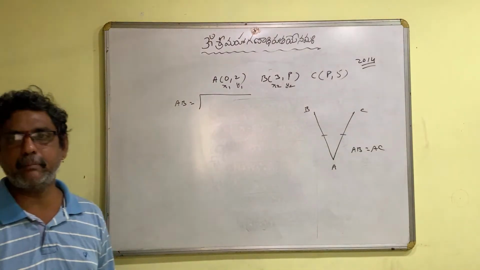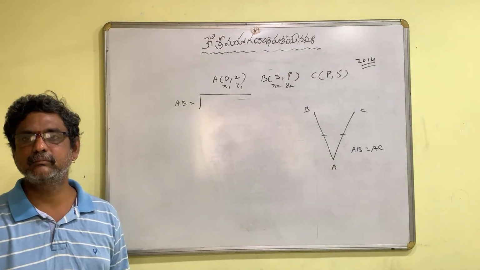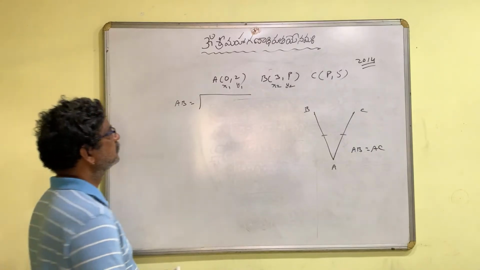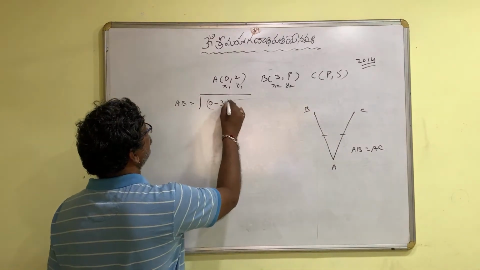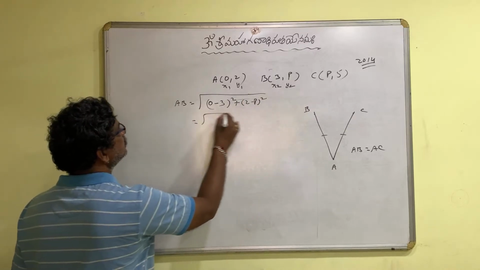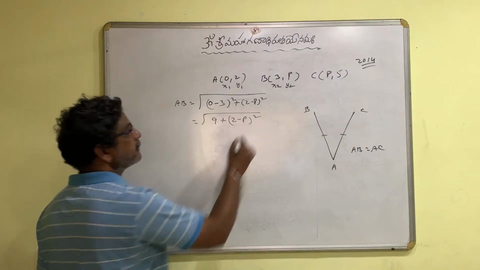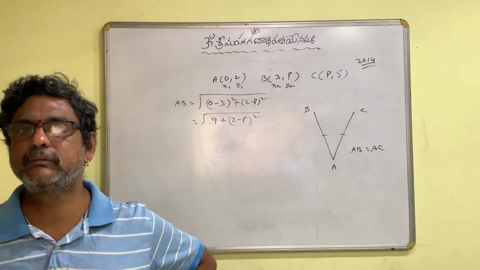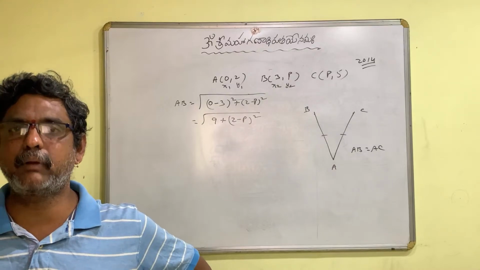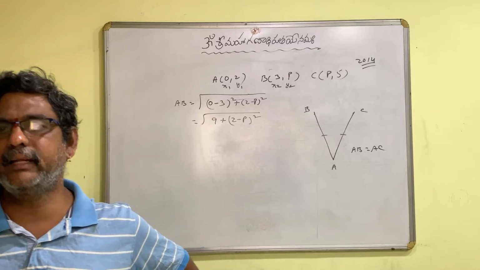Now what is the distance between AB? Root over (0 minus 3) whole square plus (2 minus p) whole square, which is root over 9 plus (2 minus p) whole square. Now find the distance between AC.